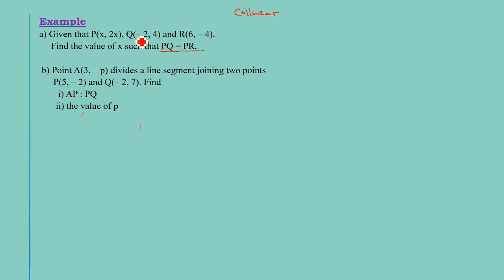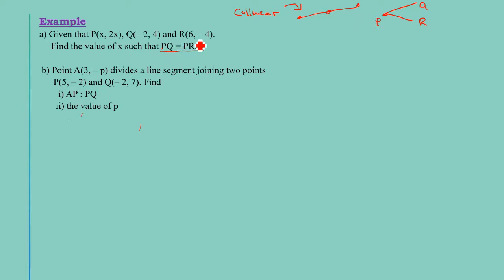So we are not sure whether PQR is on the same line. Is P here, Q here, and R here? The word collinear is not given. Please don't assume it's on a straight line.